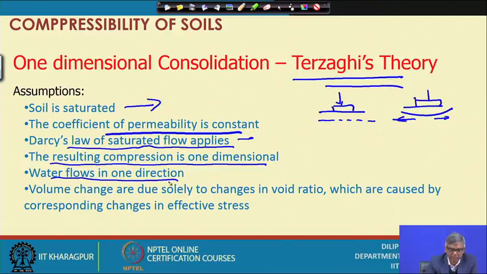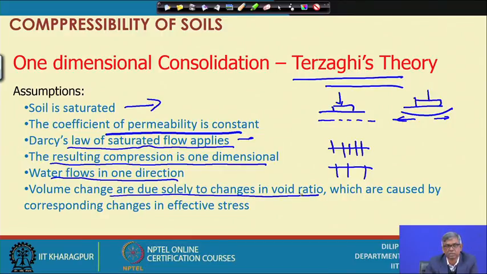Water flows in one direction. When there is water in the soil, it has to be dissipated, so water will be flowing in one direction, either vertical or horizontal. Volume change is due solely to change in void ratio, that is another important assumption. That means the soil grains are not compressed because of the loading. As I also mentioned in the mechanism of consolidation, the volume change or compression takes place because of void reduction.